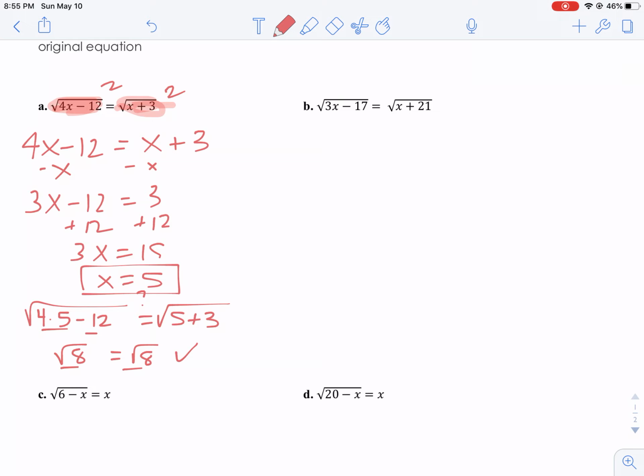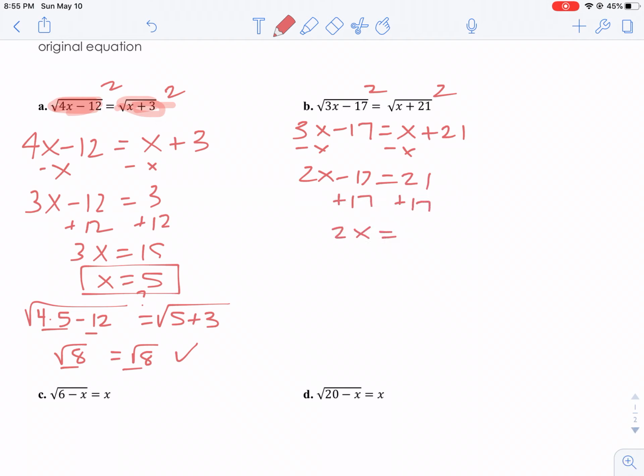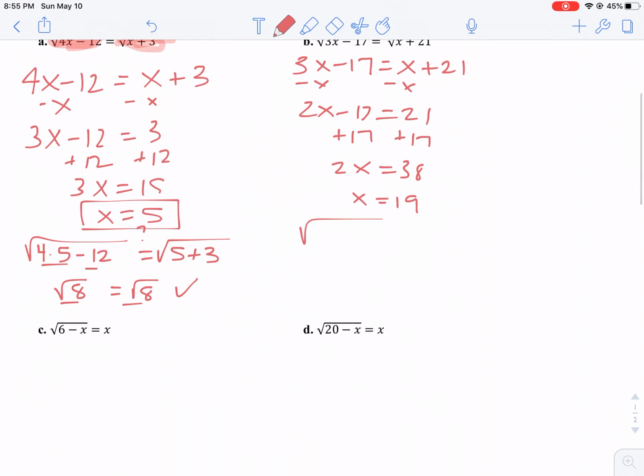All right, example B is really similar. Again, we have one quantity on the left and one quantity on the right, so we can go ahead and square both sides. So we'll have 3x minus 17 equals x plus 21. And then we can solve the equation for x. So we would get x is 19. And again, we want to just substitute that in.